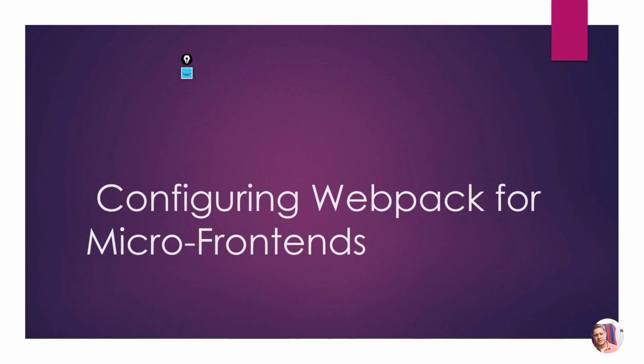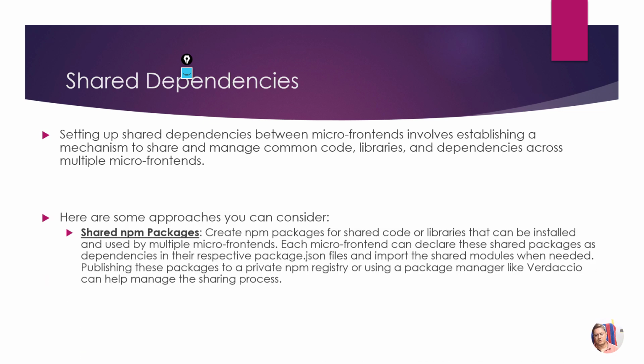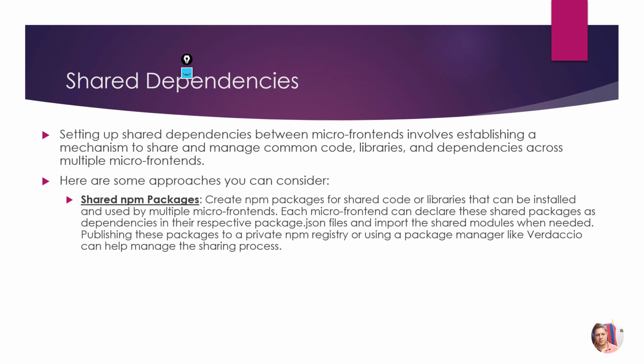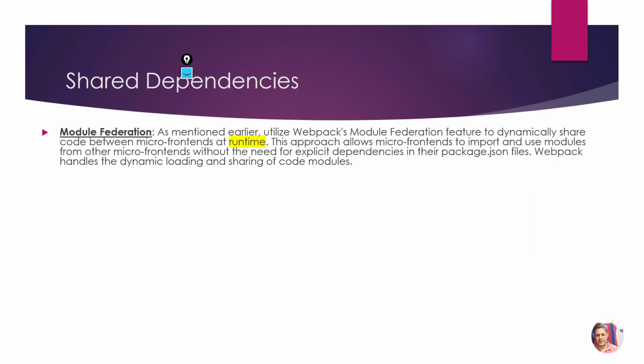Okay, so let's talk about configuring Webpack for micro frontends. I am going to show you some code, and I will share the code on my screen also. We have to have some libraries and loaders when doing this. We can have shared npm packages here, and we can have a monorepo approach wherein all the code will be in one workspace only, so that it will be easy to manage.